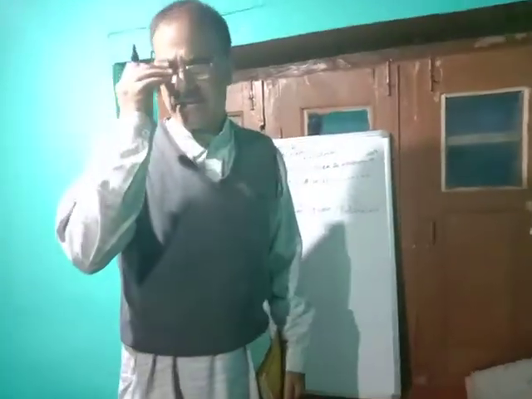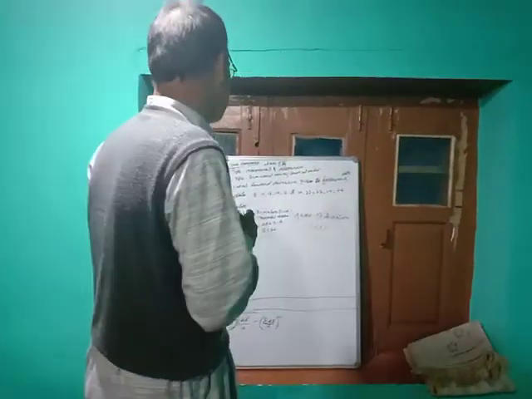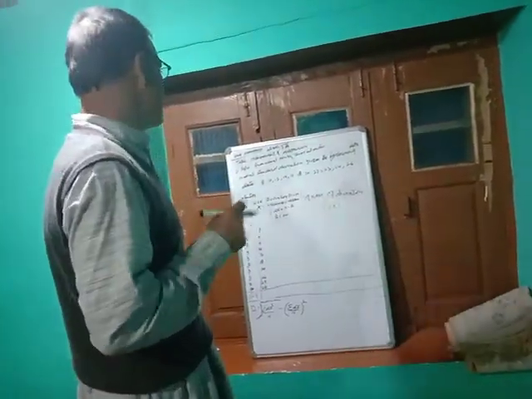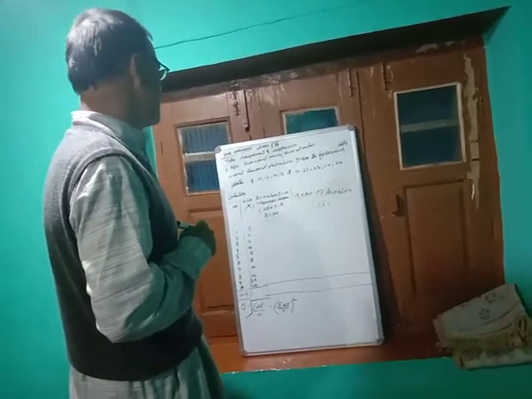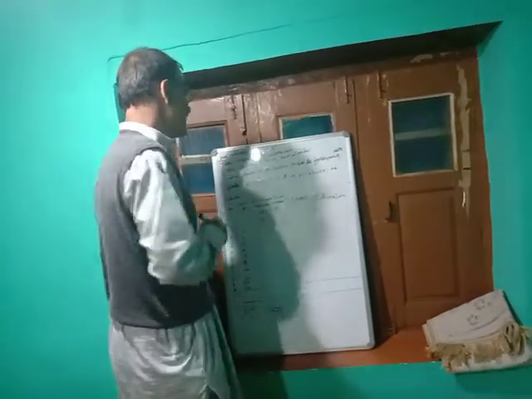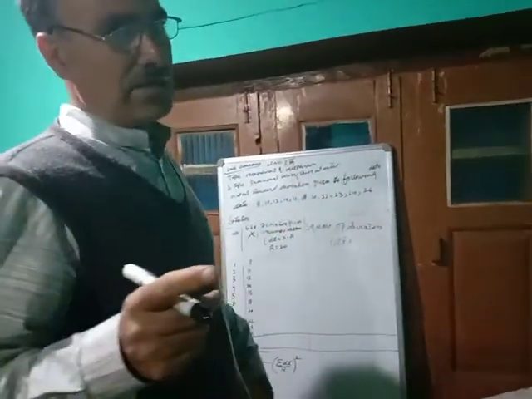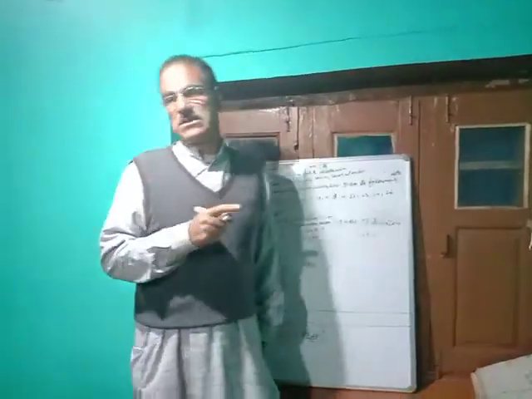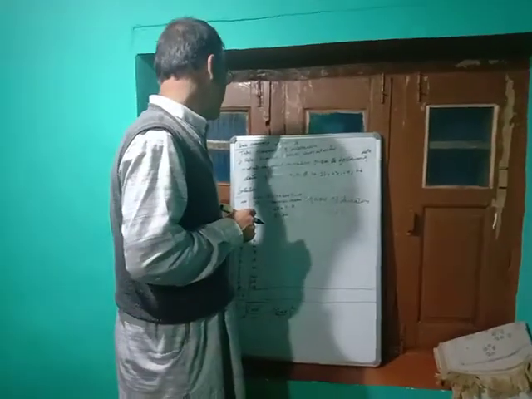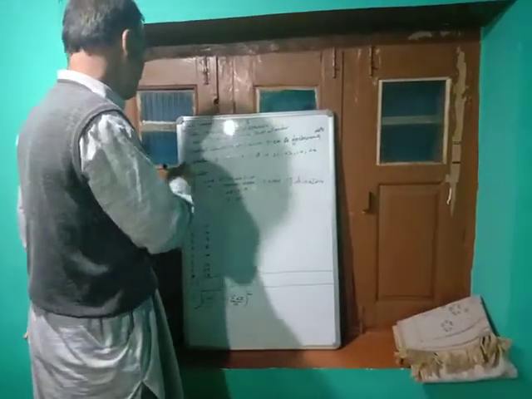As you know, in my previous lecture I did the same topic, measurement of dispersion, but the subtopic was individual series and direct method. Today the topic is the same but in shortcut method, the measurement of standard deviation for an individual series.